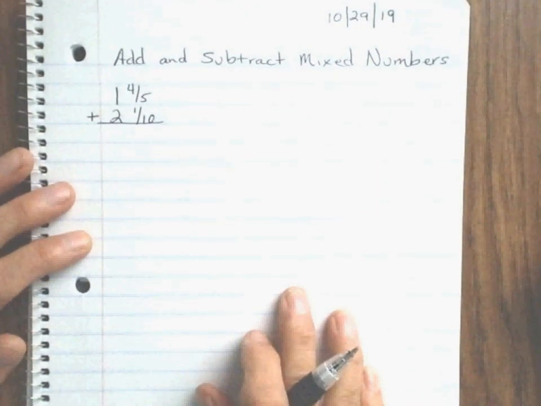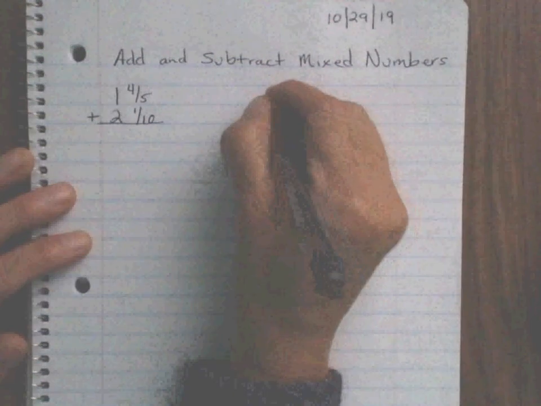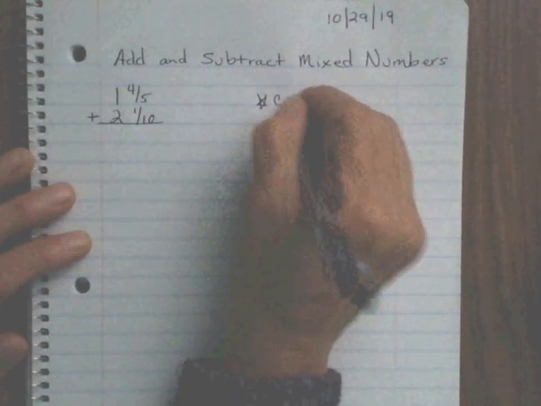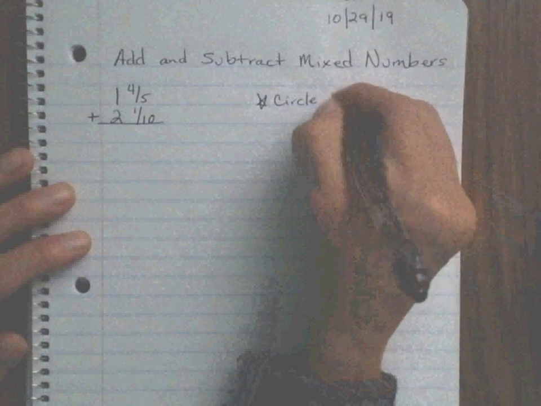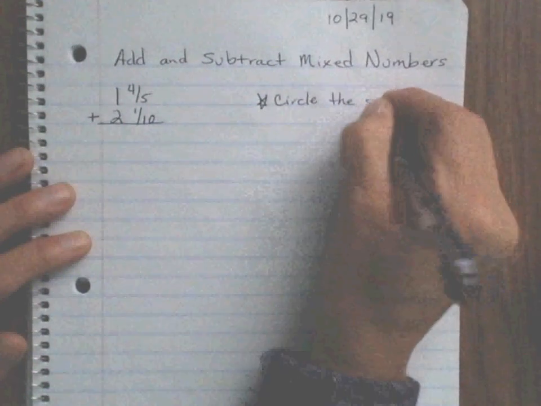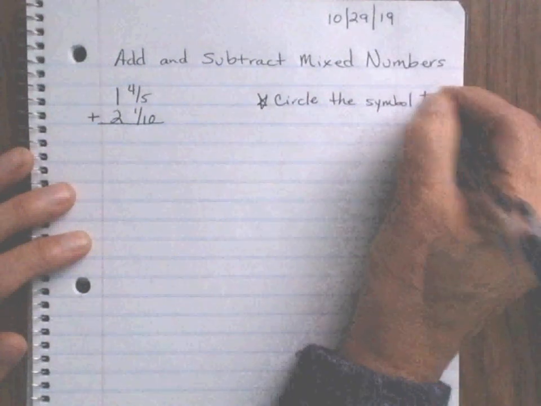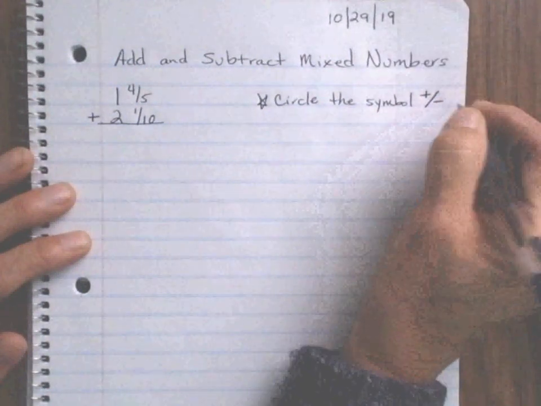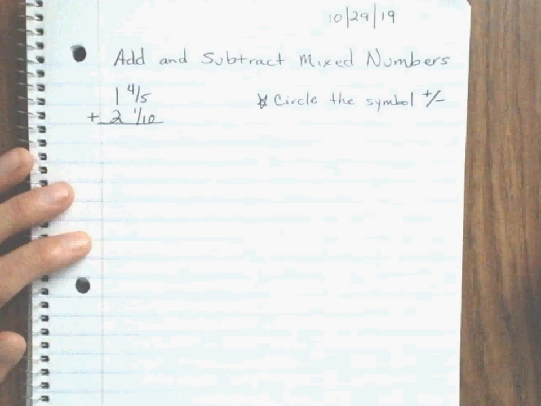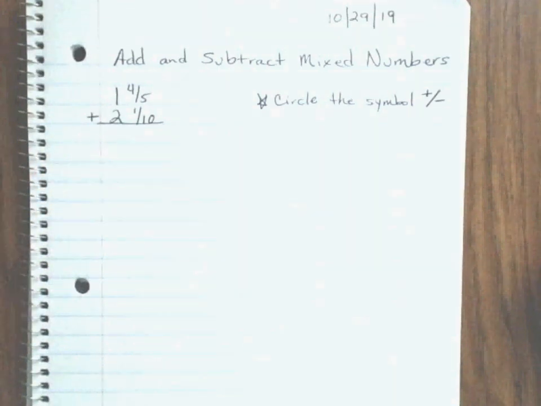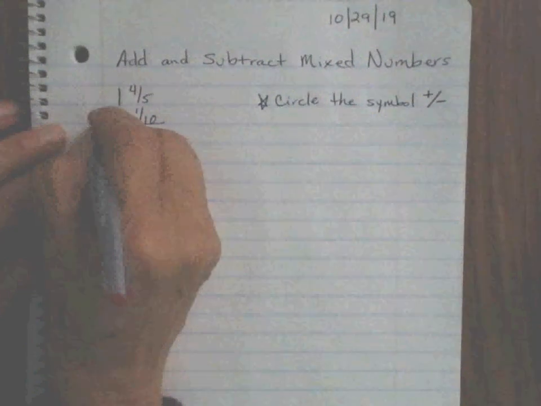Okay, and the first thing that I want you to do is circle the symbol. That's going to be your plus sign or your minus sign. I want you to circle it so that you don't forget which operation you're doing. So in this case, we're adding.